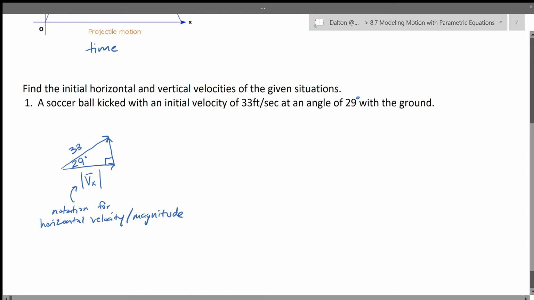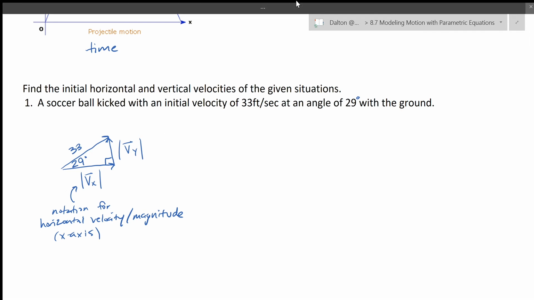And the same thing for the vertical velocity: it's just going to be the absolute value of vector v sub y. So we know horizontal goes along the x-axis, and the vertical one will always go along the y-axis. So all I'm asking you to do is solve for these.